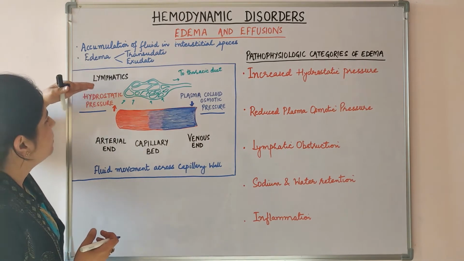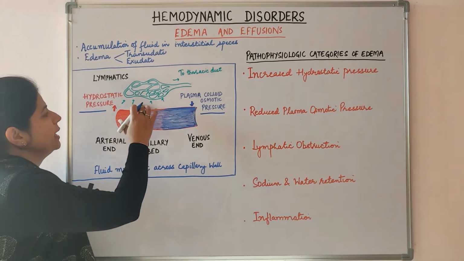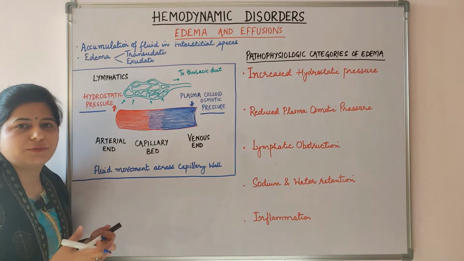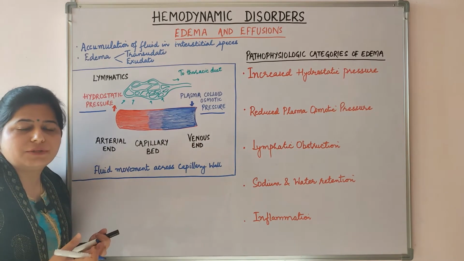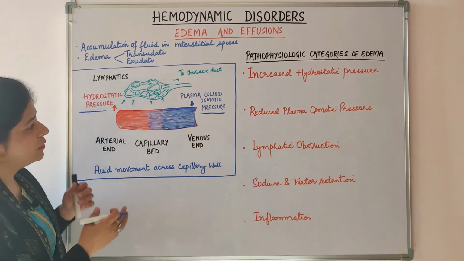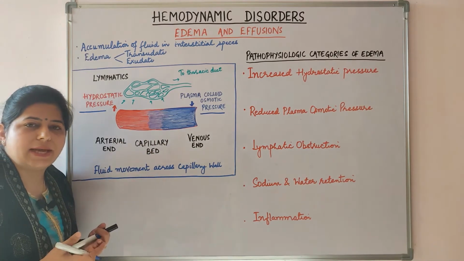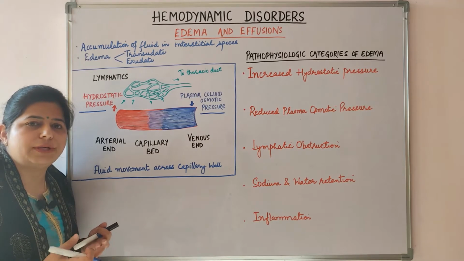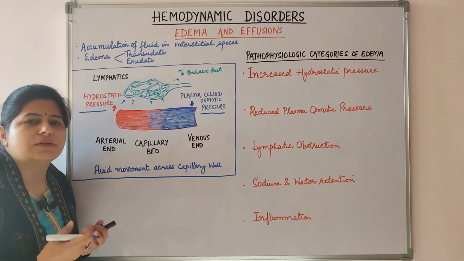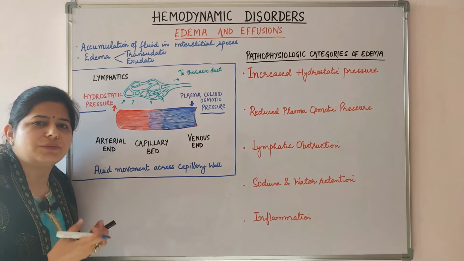And if the capacity of the lymphatic vessels to drain the excess fluid is compromised due to obstruction or any other causes, then also it will lead to edema. And also if the vascular permeability is increased, as in cases of inflammation, then fluid and proteins and also cells will move out into the interstitium, and this will lead to edema.